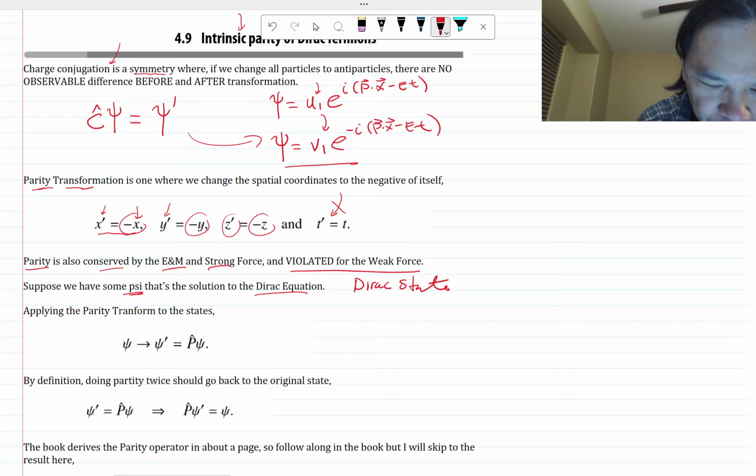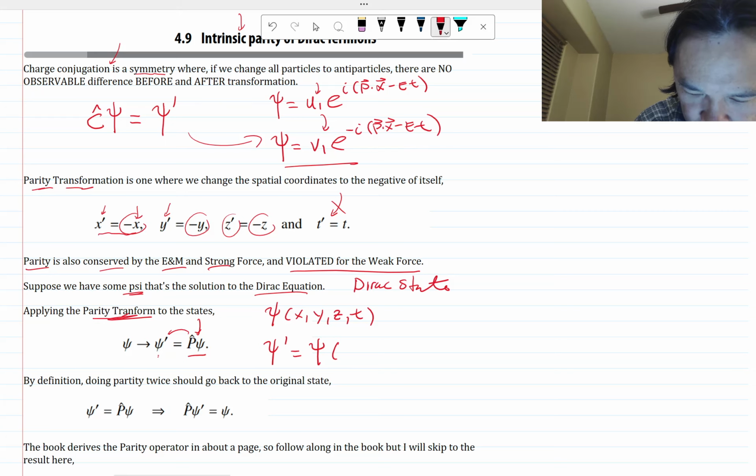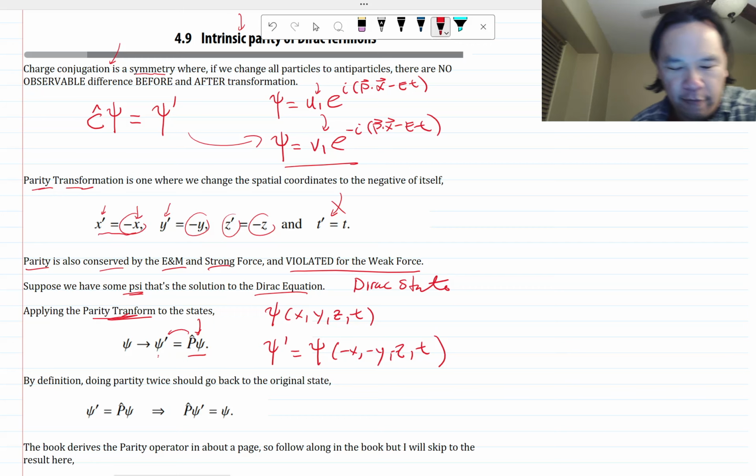If we apply the parity transform to the state, psi becomes psi prime, where psi prime is the parity version of it, where all the spatial coordinates got flipped. So if we write psi with x, y, z, and t, psi prime is whatever psi is at minus x, minus y, minus z, but t stays the same, whatever that function happens to be.